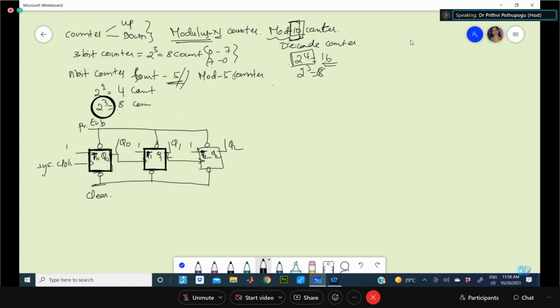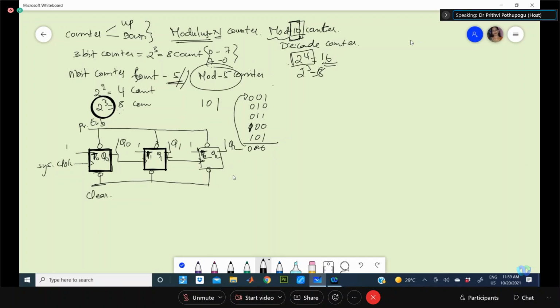Now, if I want to implement a mod 5 counter, what is 5? That means 101. It starts from the initial count of 0 and goes till 5. Starting from 0, all zeros: 1, 2, 3, 4, and 5. 5 counts over. Next should be 6 if it is a normal counter, but next we take 0. That means we reset back.